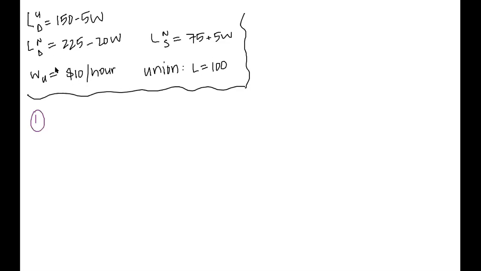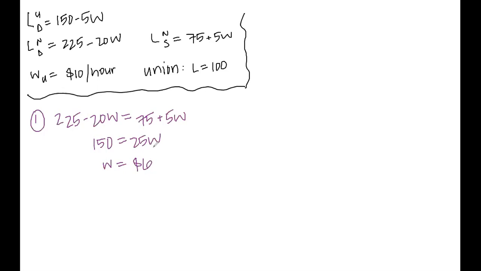Both of these are isolated for L. So we can do 225 minus 20W equals 75 plus 5W. Solving this out, we can subtract 75 from each side to get 150 on the left, and then add 20W on both sides to get 25W on the right. Dividing each side by 25, we get a wage of $6.